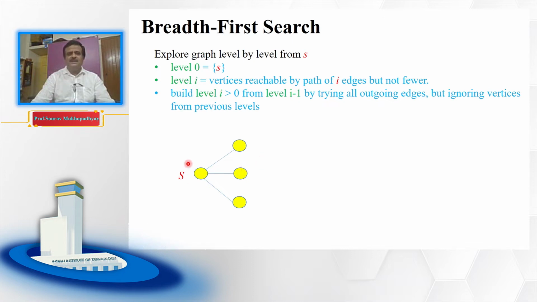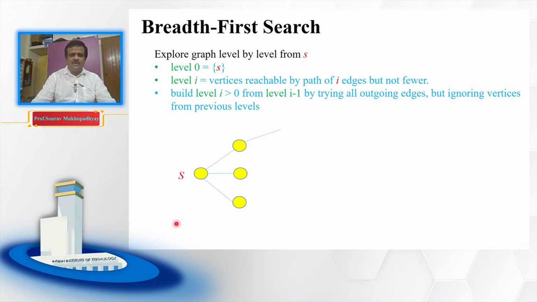In general, we start from a vertex, the starting vertex S, which is level 0, and from there all the vertices with a direct edge are our level 1 vertices.